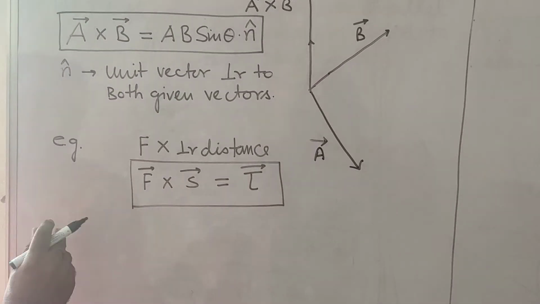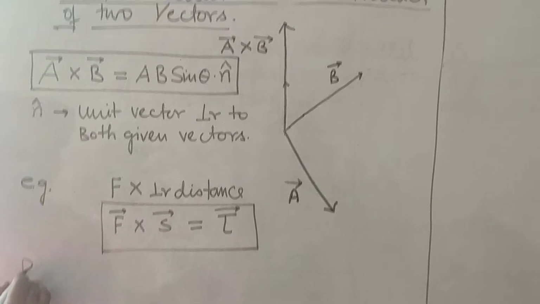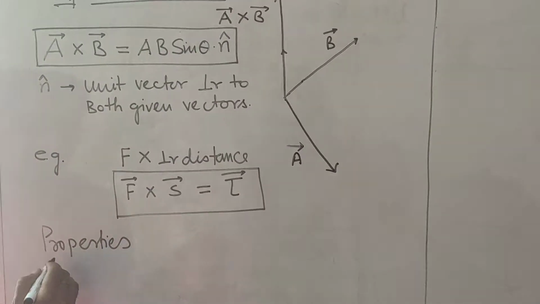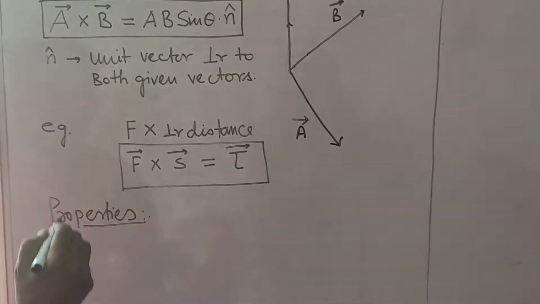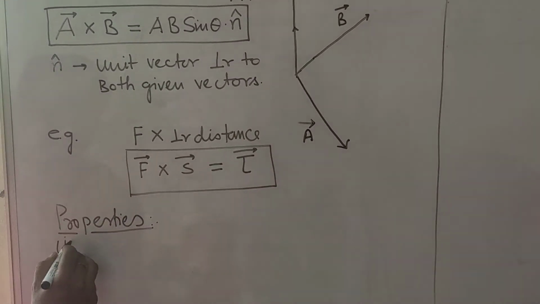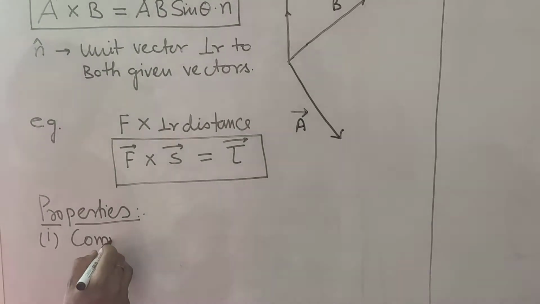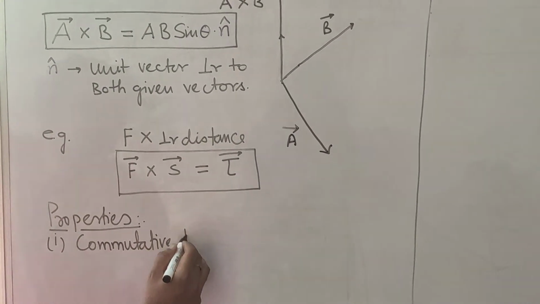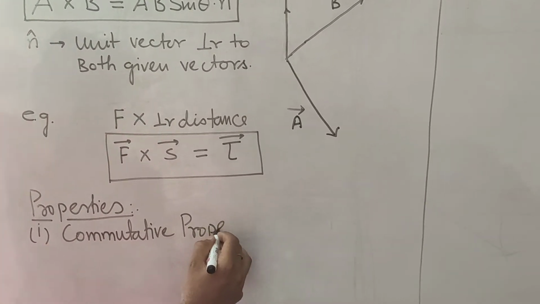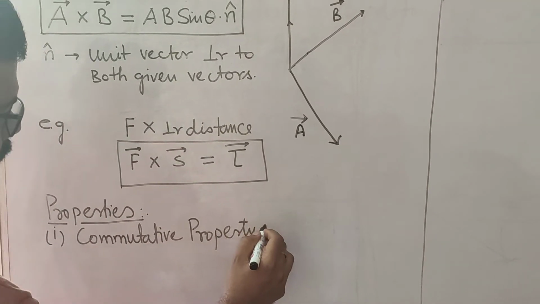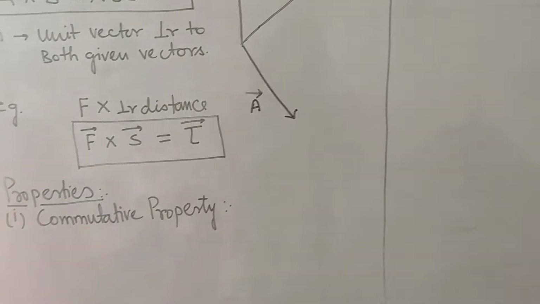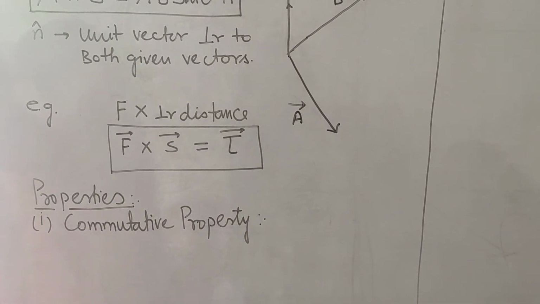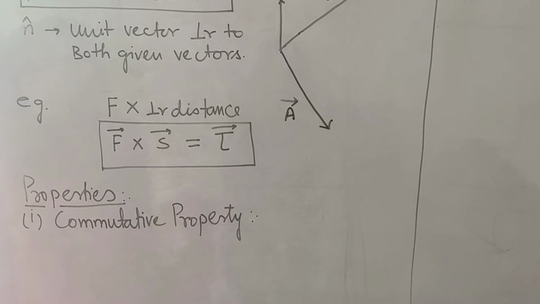Now the properties. Properties of vector product. First one, commutative property. Now here in mathematics there is a trigonometrical relation between sine 360 and theta.